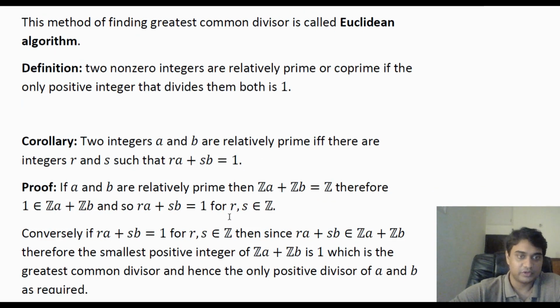So if a and b are relatively prime, this means the only positive integer that divides them is 1. And so if we consider the set Za plus Zb, the smallest positive element of this is 1, because the greatest common divisor of a and b is 1.